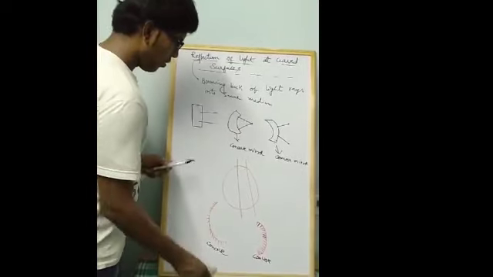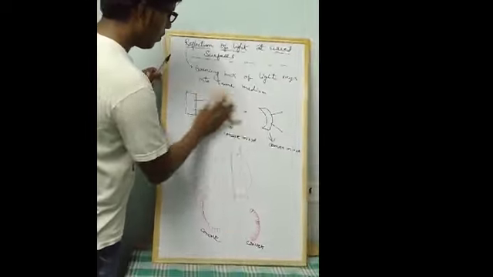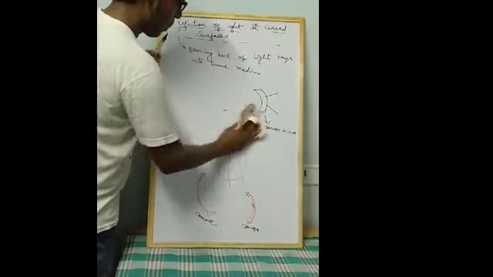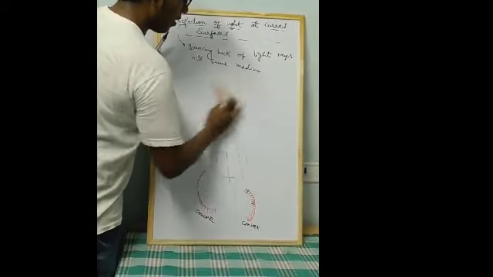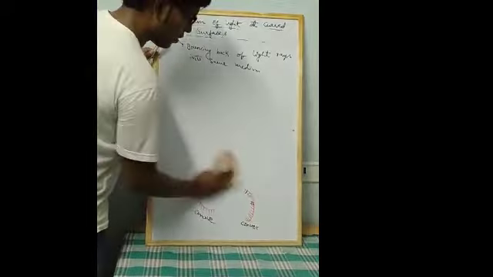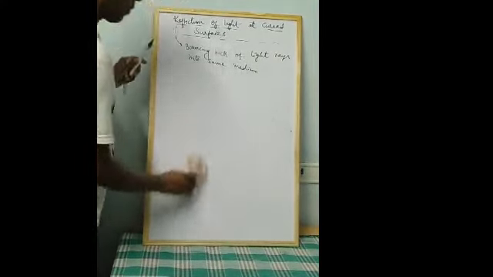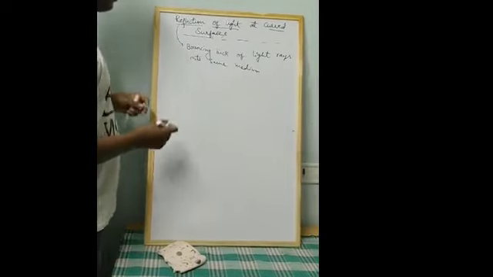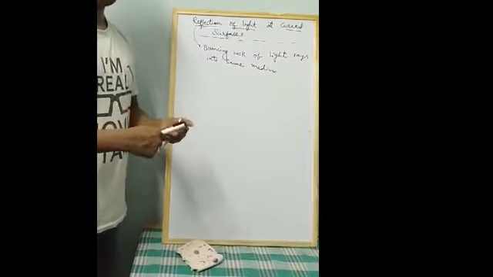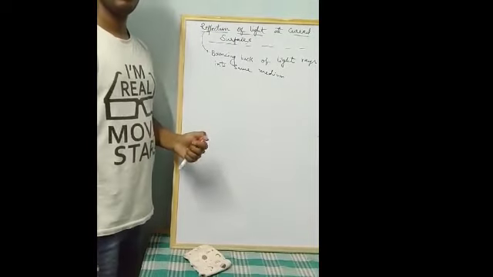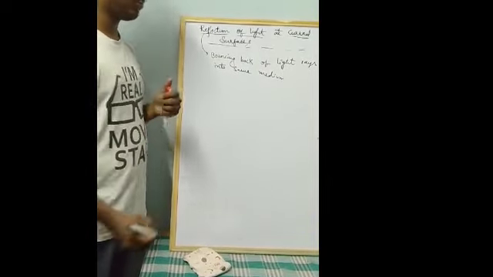So now let us learn about reflection. How does reflection take place when light falls on a concave mirror? Before that, we have learned in earlier classes about reflection of light on a plane surface.